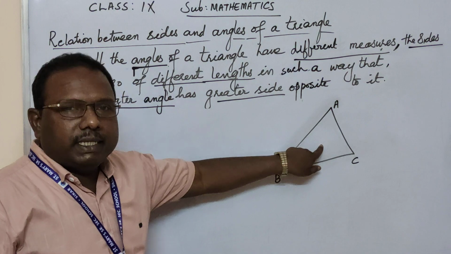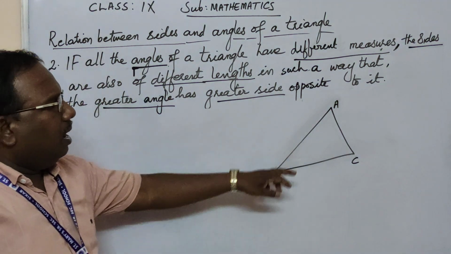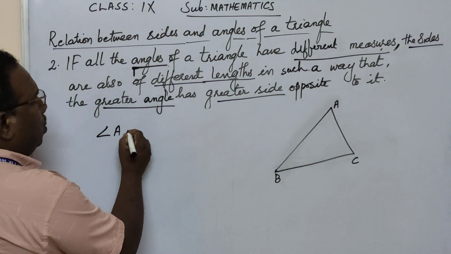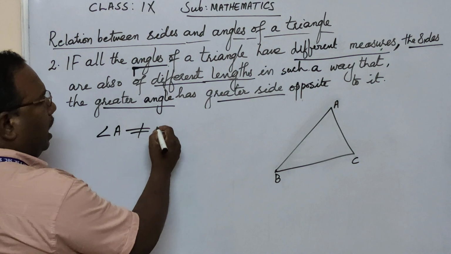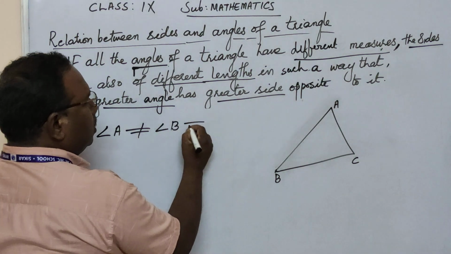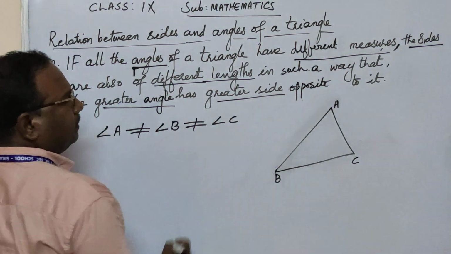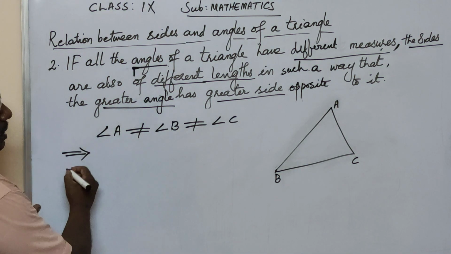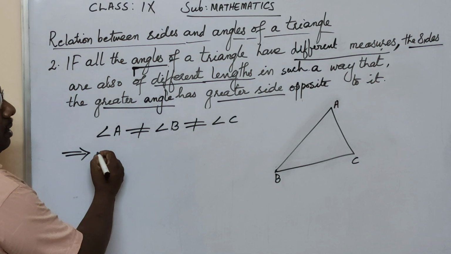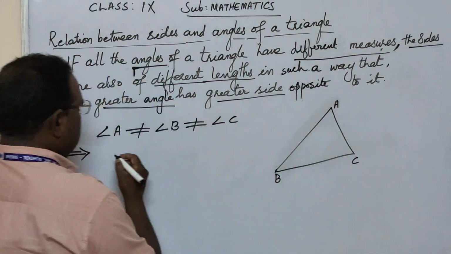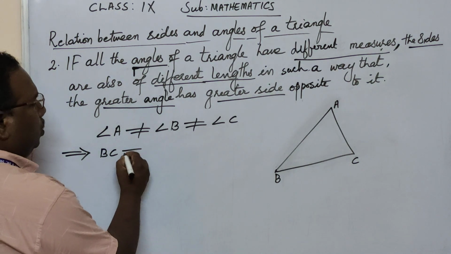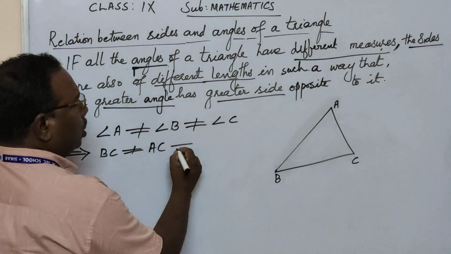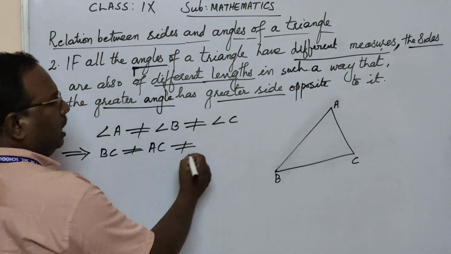According to this triangle ABC, angle A is not equal to angle B, not equal to angle C, which implies BC is not equal to AC, not equal to AB.